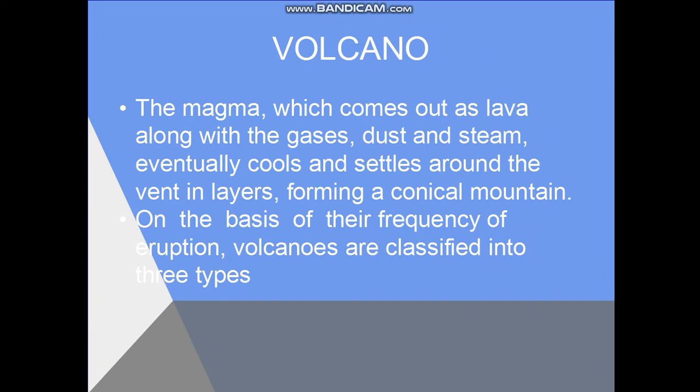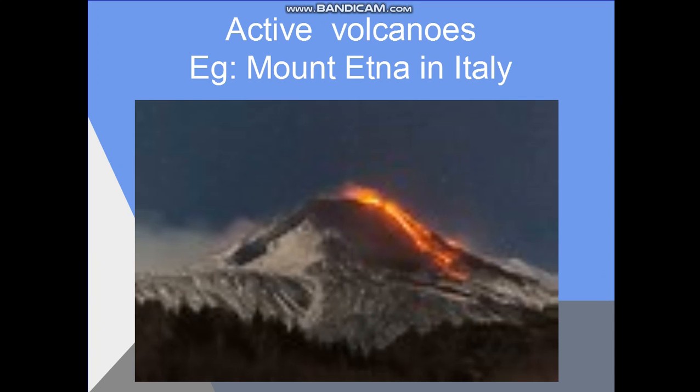On the basis of their frequency of eruption, volcanoes are classified into three types. First we saw the earth movements divided into endogenic and exogenic, and then we saw the types of endogenic and exogenic. Now volcanoes are also divided into three types. First one is active volcanoes, like Mount Etna in Italy.